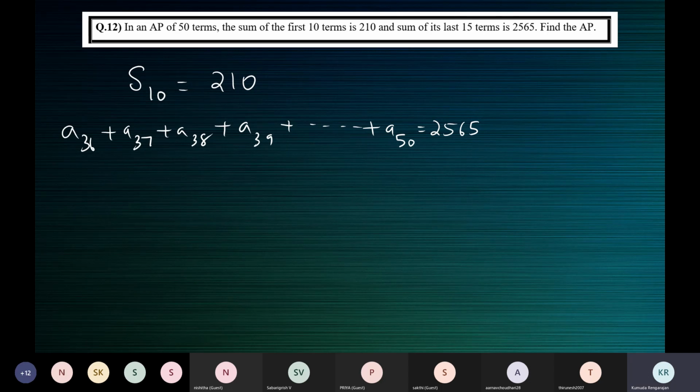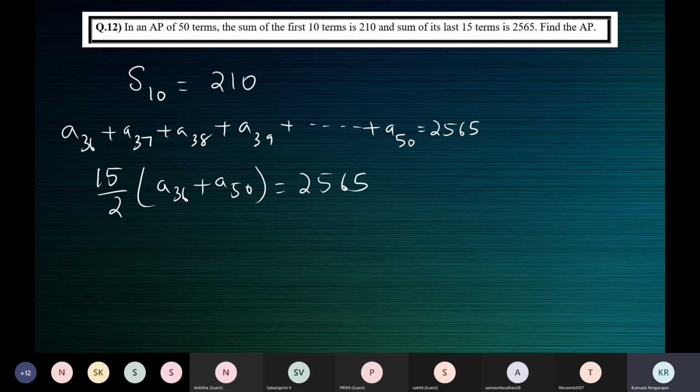S10 is equal to 210, you will get one equation in A and D, because n is 10. A and D we do not know. So you will get one equation in A and D using S10 equal to 210. And for the next one, the sum of the last 15 terms is 2565. So n by 2, which is 15 by 2, of the first term plus the last term, is equal to 2565.